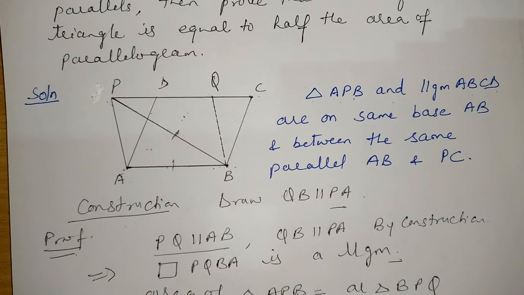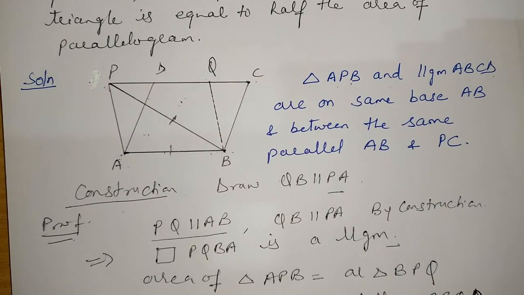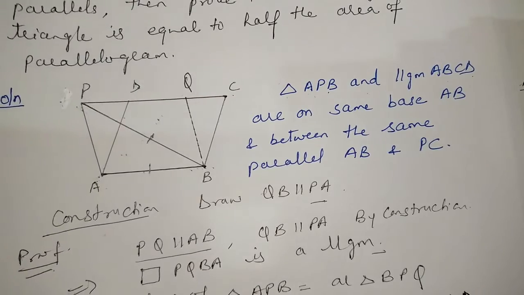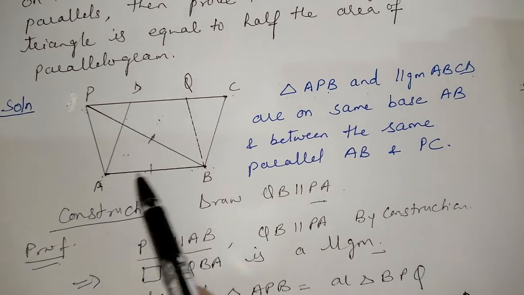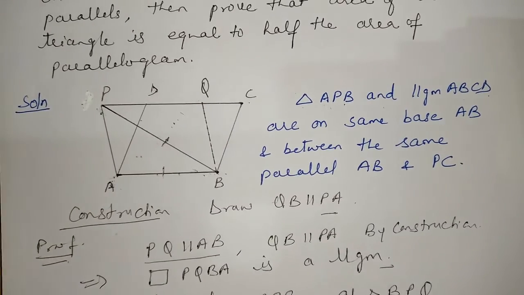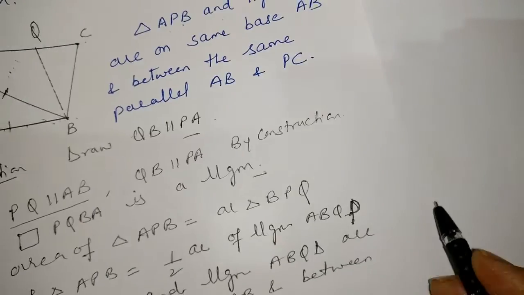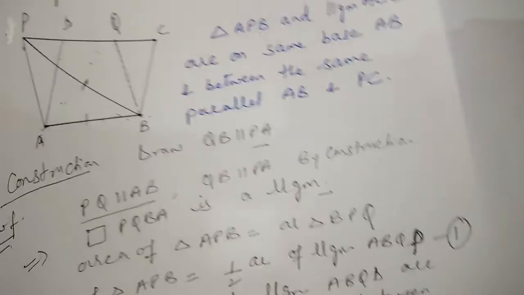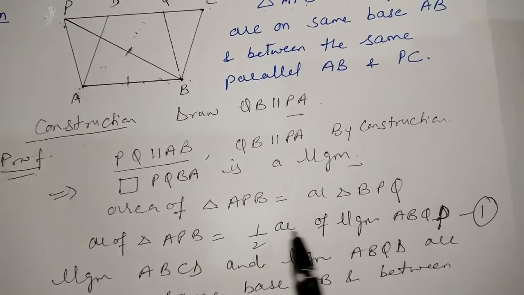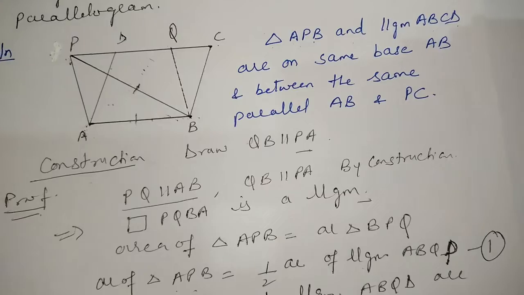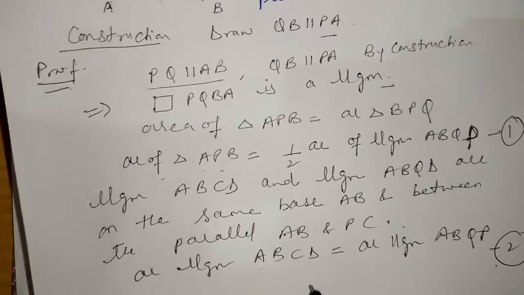Now here I'll replace area of parallelogram ABQP by area of parallelogram ABCD, because ABQP is the parallelogram which we have constructed, it was not in the question. Let this equation be 1 and this be 2. Area of triangle APB is equal to half area of parallelogram ABQP, so I'll replace from 1 and 2.